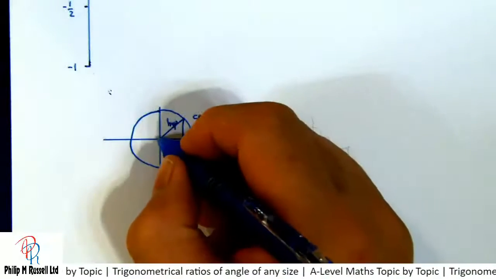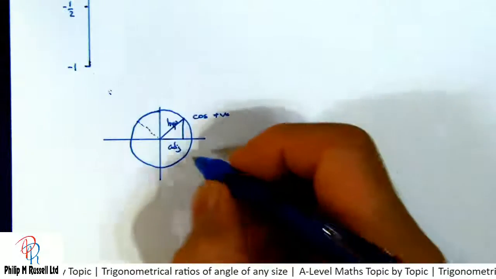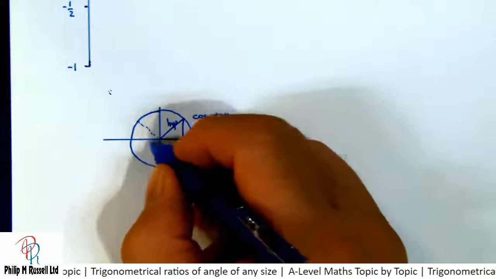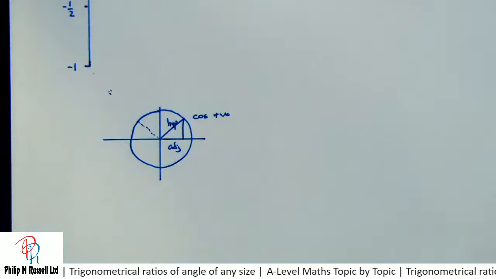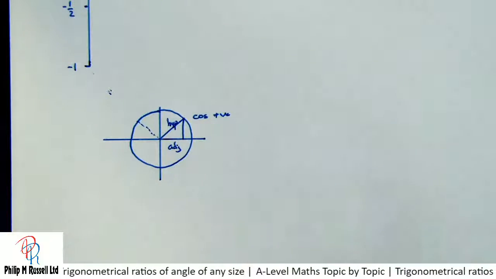But when it's over this side, our adjacent value will be negative. Let's have a look and see what happens.